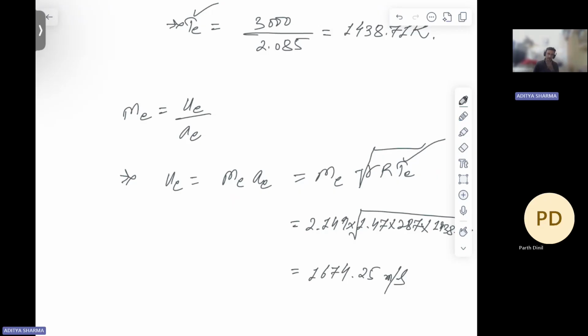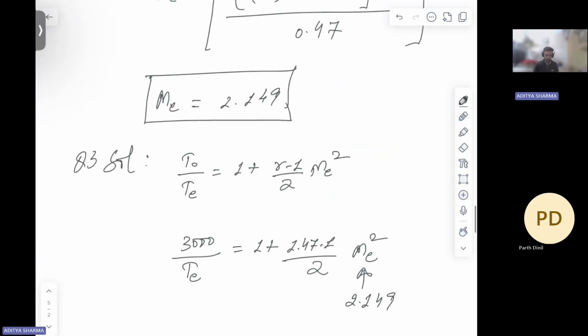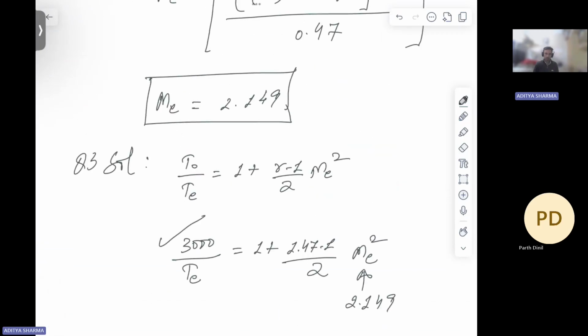So this is your exit velocity if your stagnation temperature, reservoir temperature is 3000 Kelvin.